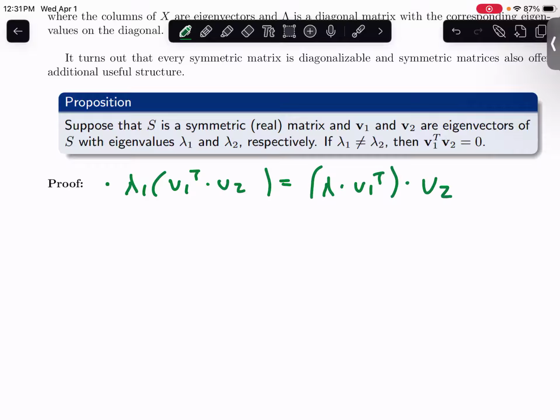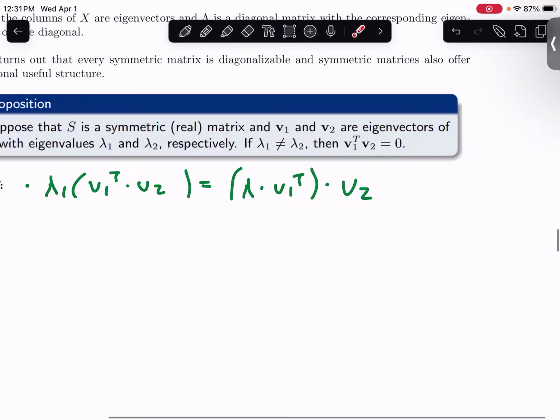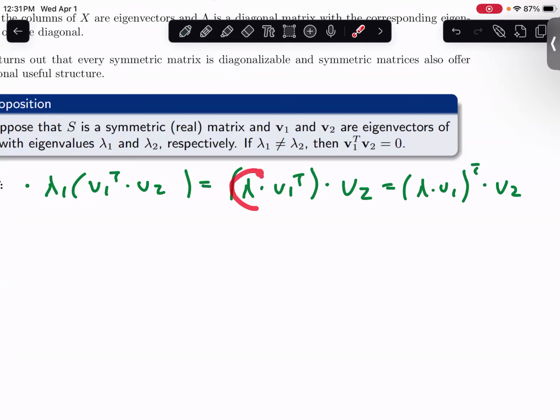Lambda is just a number, so it's not affected by the transpose at all. V1 is a vector, so it is affected by the transpose. So this is the same thing as lambda times V1 transpose times V2. Again, this is legal because lambda is not a matrix or a vector, so it's not affected by the transpose.